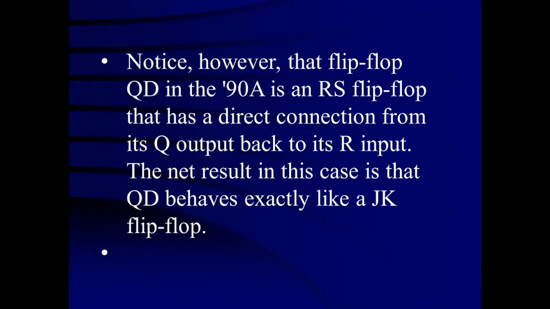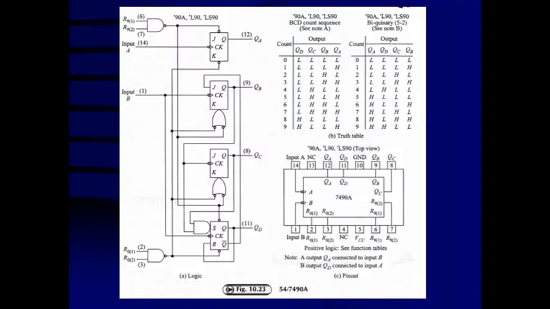Notice, however, that the flip-flop QD in IC 90A is an RS flip-flop that has a direct connection from its Q output back to its R input, and the net result is that QD behaves like a JK flip-flop.